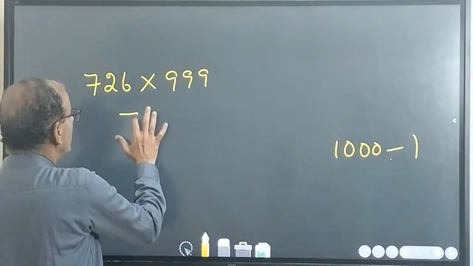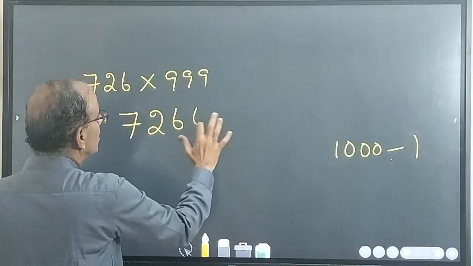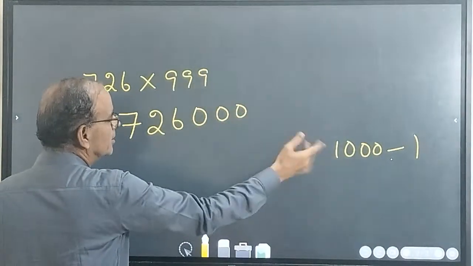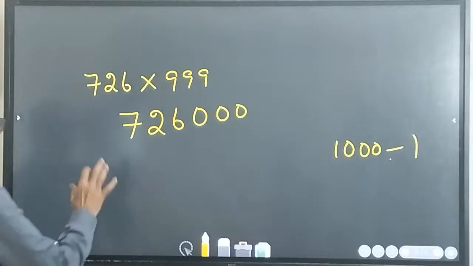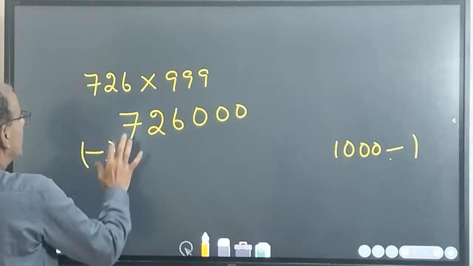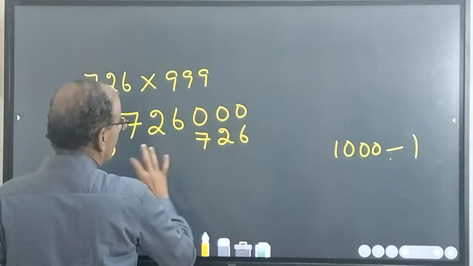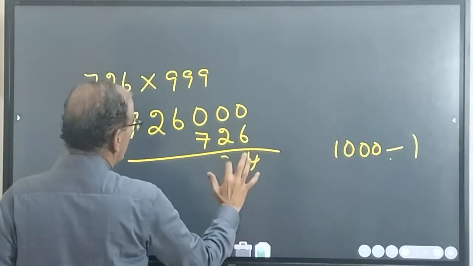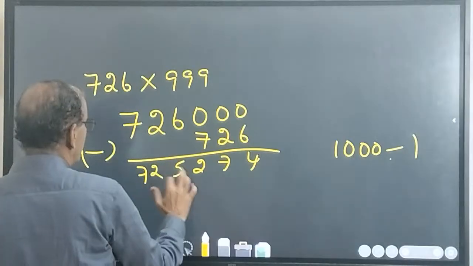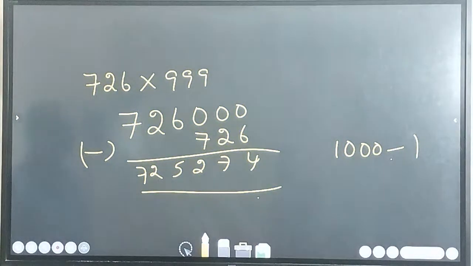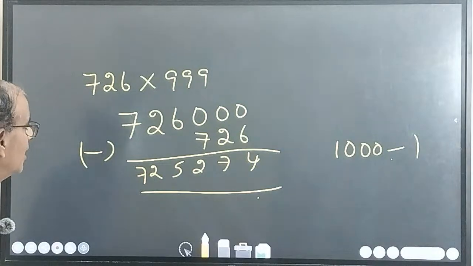Multiply this 726 by 1000. If you multiply, how much will it come? You add 3 zeros. Okay. I have multiplied 726. Then you subtract 1 times 726. What is the answer? The answer is 725274. This is the answer.